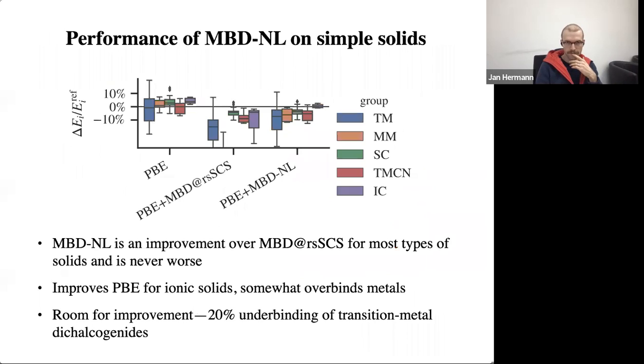formula. And then when we go to something like solids, now you can see the benefit compared to the original many-body dispersion model, so this is a sort of baseline pure DFT performance without any dispersion correction on a group of different solids.